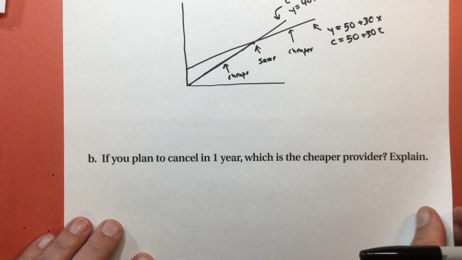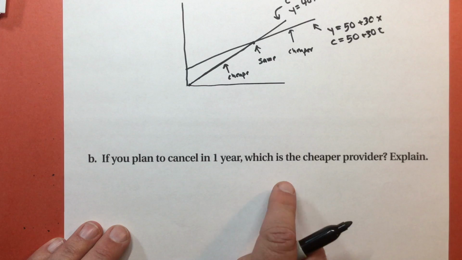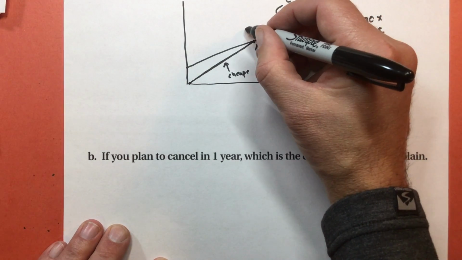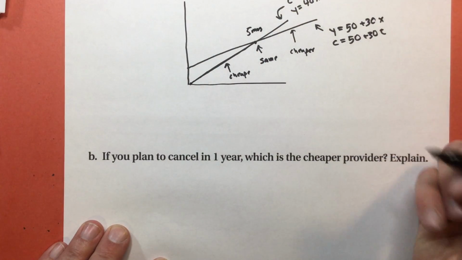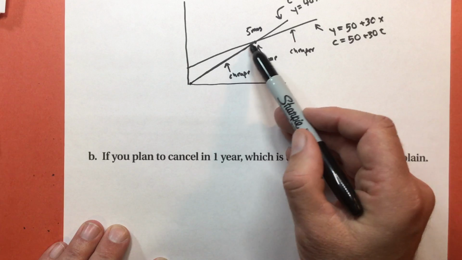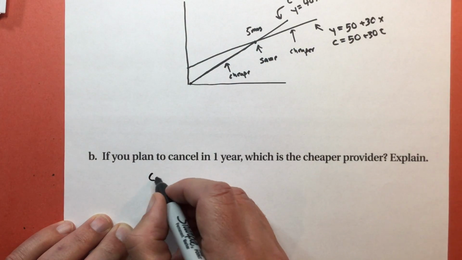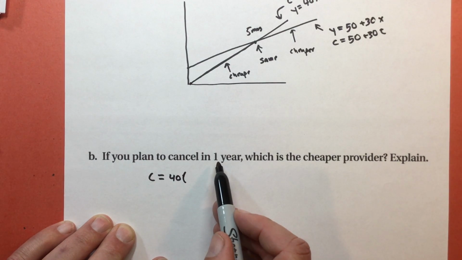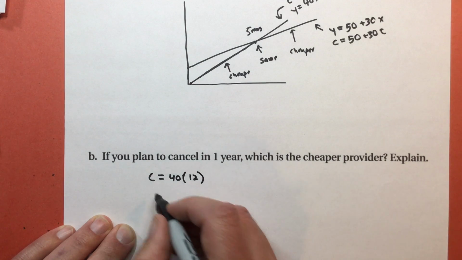So now the question says, if you plan to cancel in 1 year, which is the cheaper provider? Well, again, this was at 5 months. So it looks like this right here is going to be cheaper. Let's try it with both of them. So c equals 40, and don't use 1 because I'm measuring in months. There are 12 months in a year, times 12.